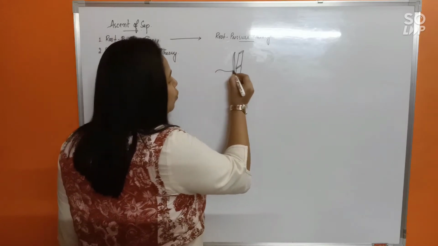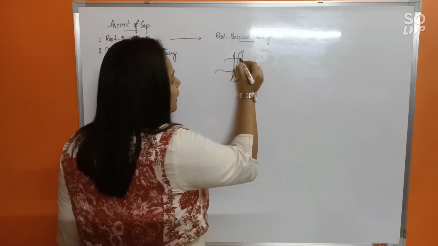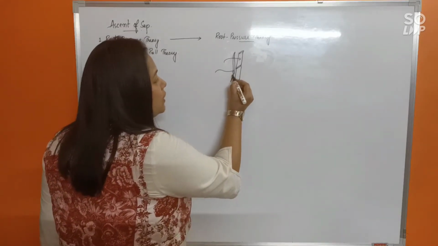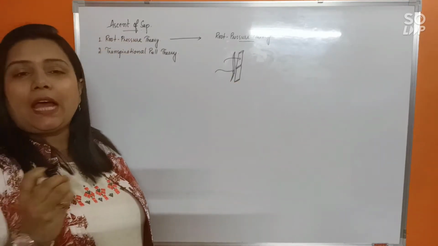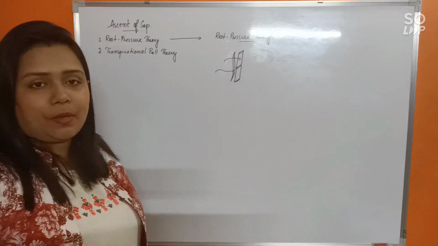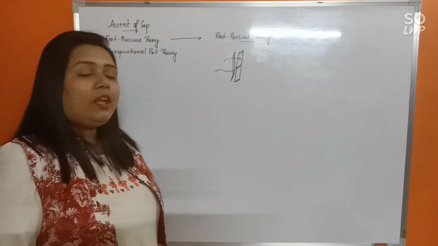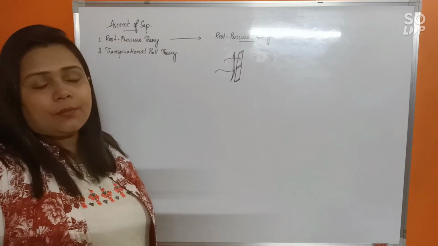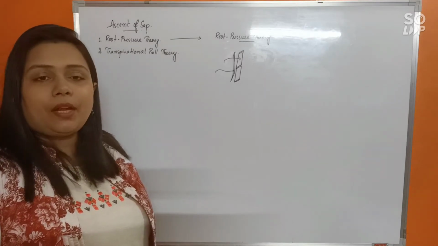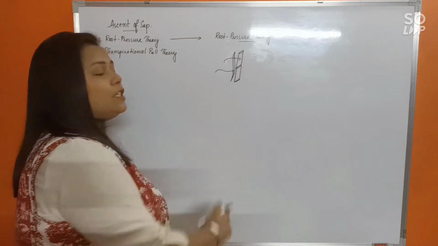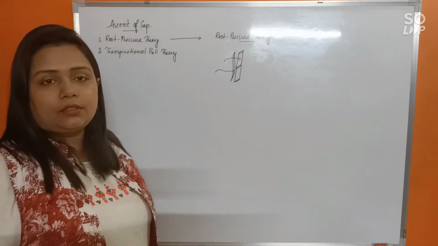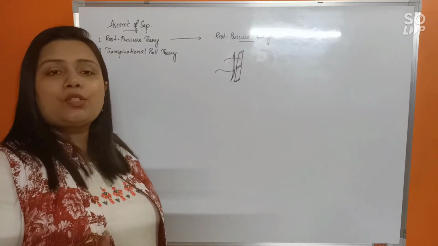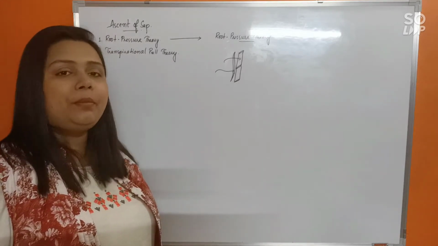So as soon as water enters the tracheids and the vessels of the xylem, the water is entrapped in a very enclosed space, isn't it? Whenever water is entrapped in a very enclosed space, a positive hydrostatic pressure will be developed in the space where water has entered. Okay, so in the tracheids and vessels, directly a positive hydrostatic pressure will be built up.